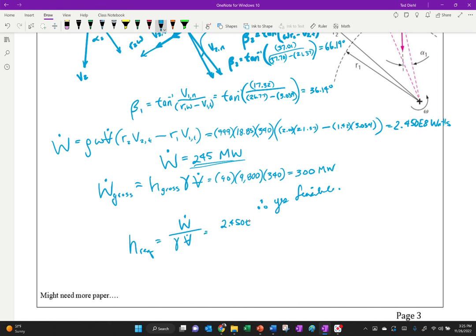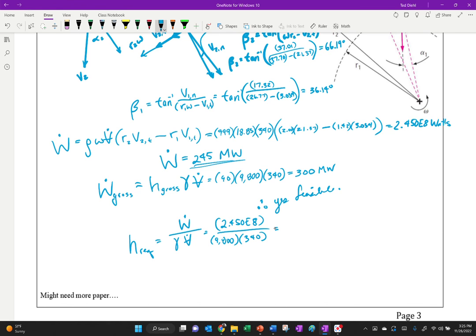So that would be 2.45 E8 divided by 9,800 and divided by 340. I have my calculator. I could do that in my head. 2.45 E8, 9800 divided by 340.